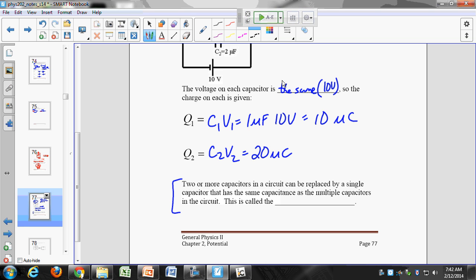It's useful for simplifying circuits and finding out exactly what's going on in them, as we'll see. I'll abbreviate it as CEQ, the equivalent capacitance. And for capacitors in parallel, I just add them up.